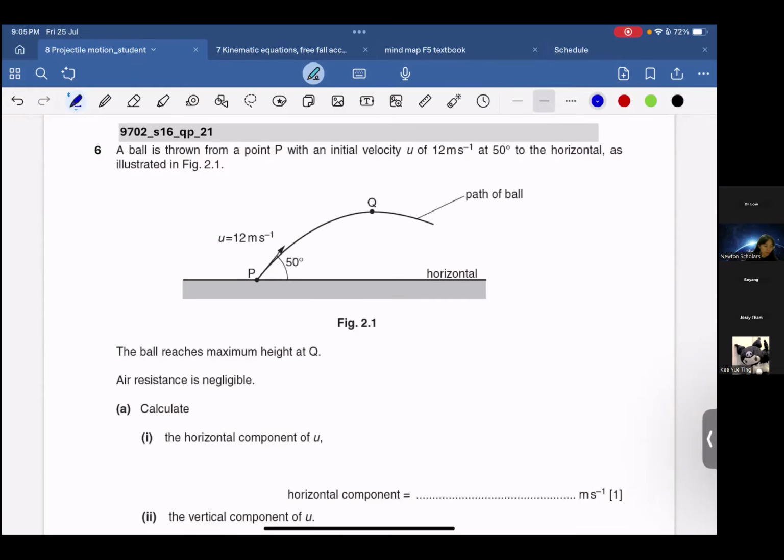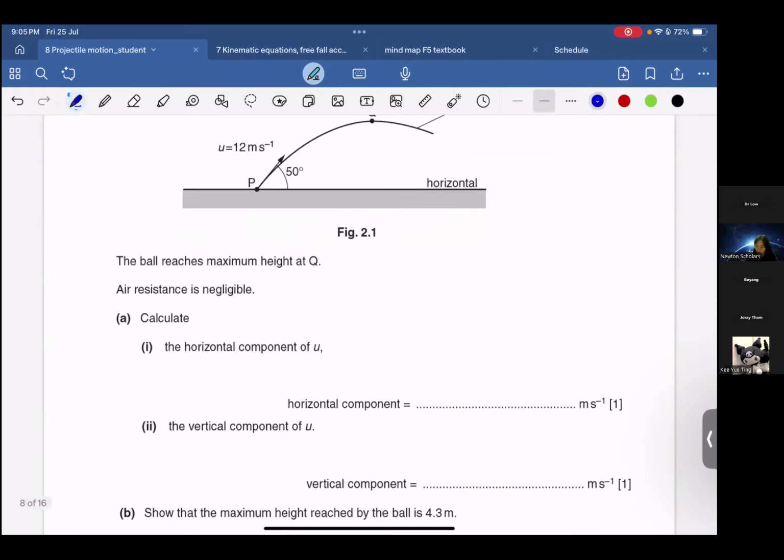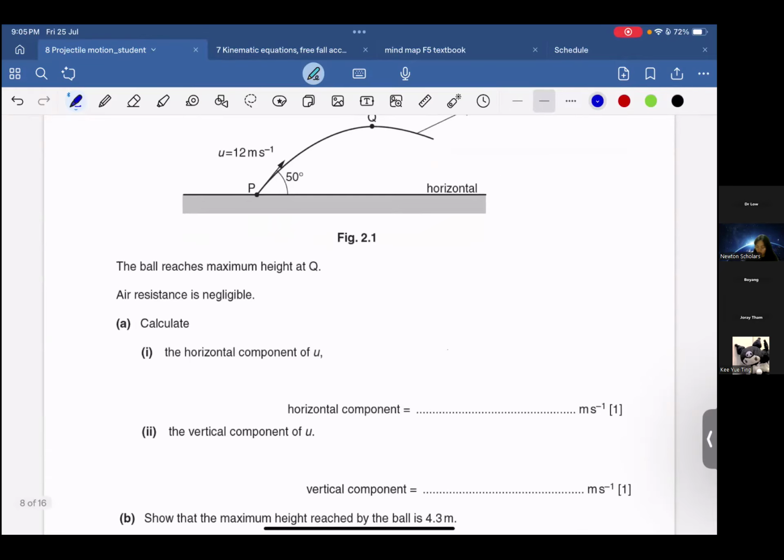Vashini says 7.7, correct. Right, continue. 9.2: 12 sine 50 degrees, so you will get 9.2. Prasan, correct, 7.7 and 9.2 correct.